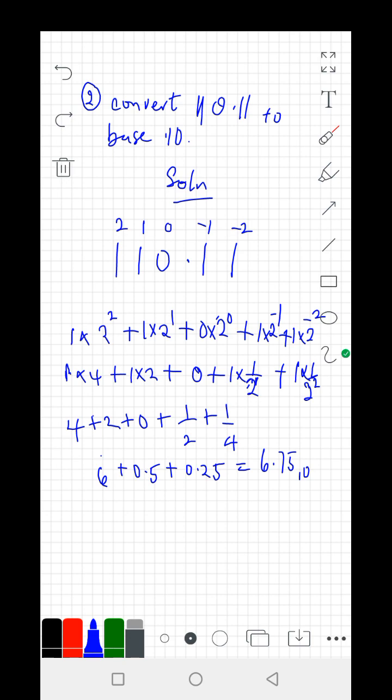What if you are given, say, a number 626 base 6, that you should convert to base 7? So this is what we'll be looking at in our next video. I hope to see you in the next tutorial. Thanks for watching.